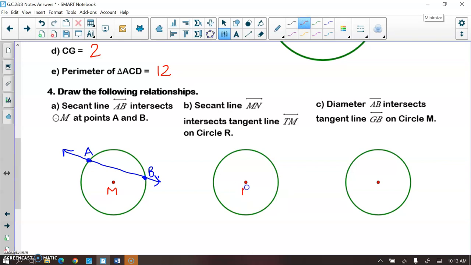Now secant line MN intersects tangent line TM at circle R. So we have circle R. The common point between the secant and the tangent is point M. So the two lines are going to intersect at point M. So my secant line could look something like this.